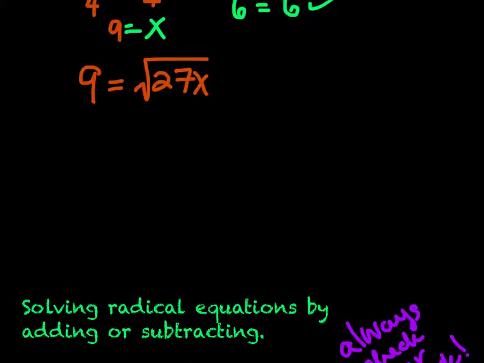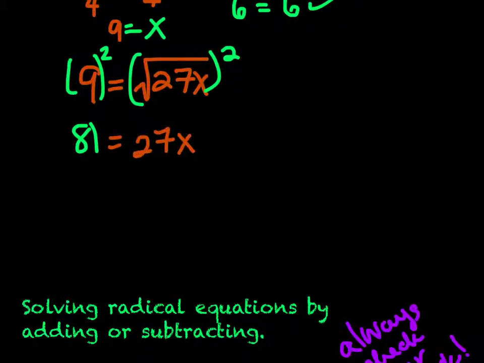Let's try another one. 9 is equal to the square root of 27x. We're going to square both sides, so we get 81 is equal to 27x. We can then divide by 27. 81 divided by 27 is equal to 3. So x is equal to 3. Let's see if we get the same answer when we check.